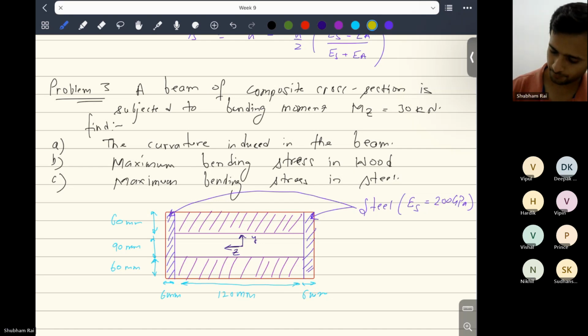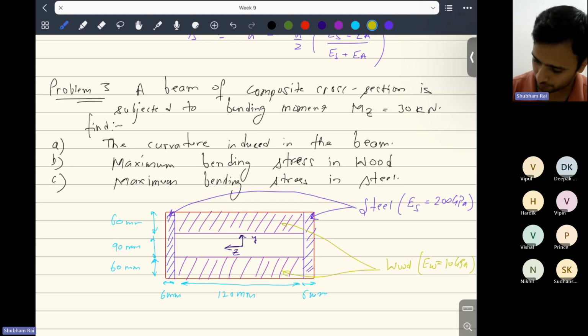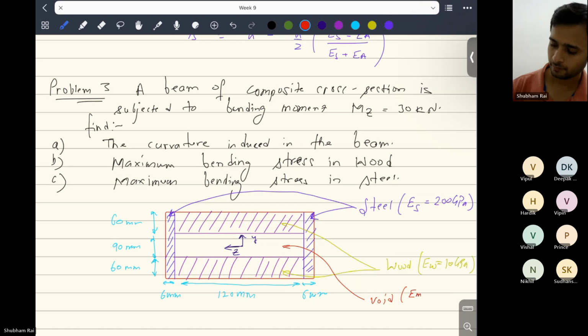So here we have wood, and its material property is Ew, which is 10 GPa. Right? This is 10 gigapascal. And here at the center you have void, which is empty space. This will not have any modulus.